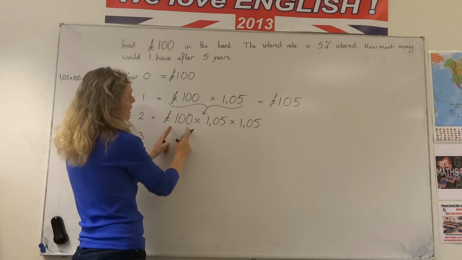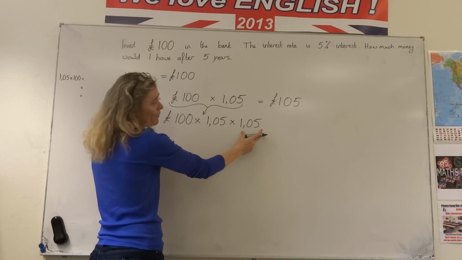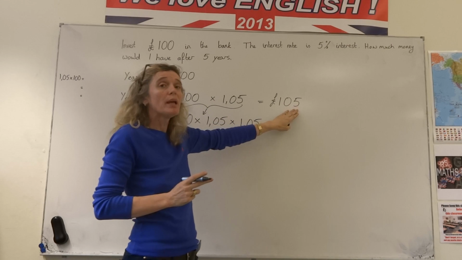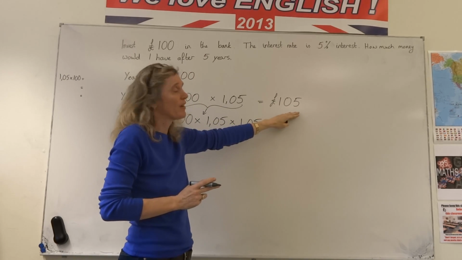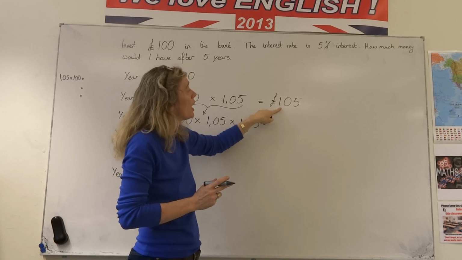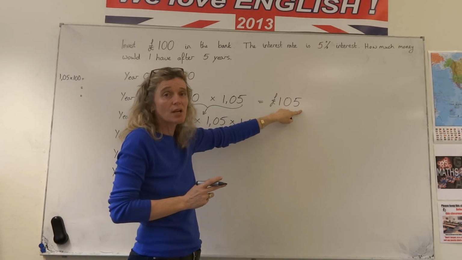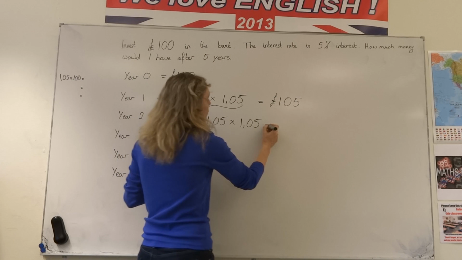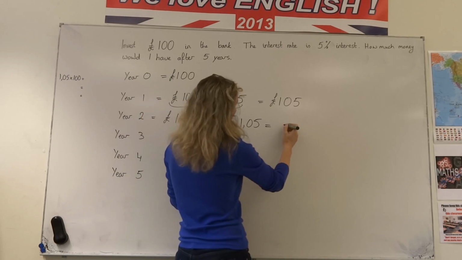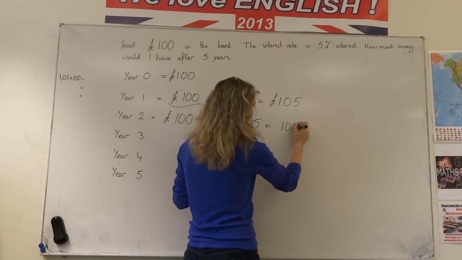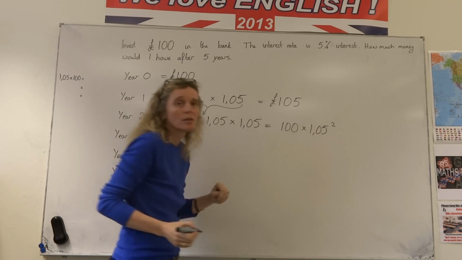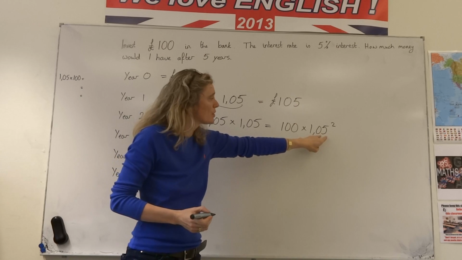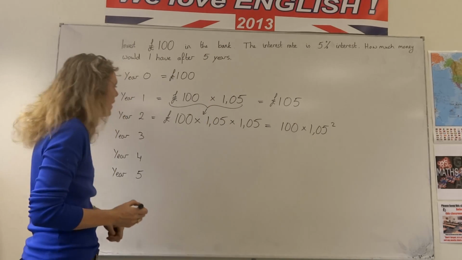So last year's money is also multiplied by 1.05. Now this is not going to be 110 because I've not got £100 that I'm investing. I've kept the whole 100 plus the £5 interest I got. So the answer to how much money I'm going to have now is going to be the same as 100 times 1.05 squared. I'm getting interest on that 5% that I got there.